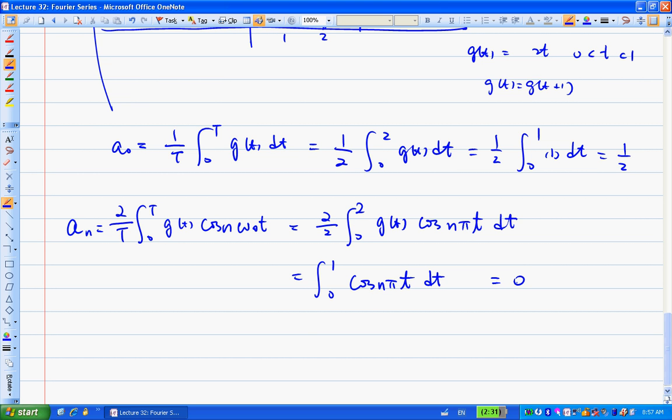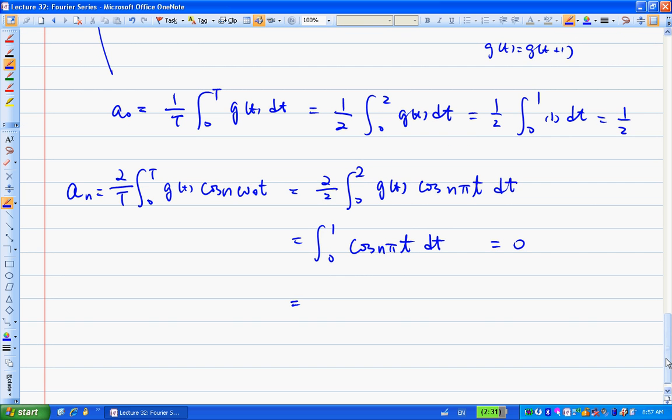If you're not confident enough, here's what I will do next: we'll just carry this integral out. This is cosine n pi t, so the antiderivative is 1 over n pi times sine n pi t, going from 0 to 1. You plug in 1 and 0, so that's 1 over n pi times sine n pi minus sine 0.